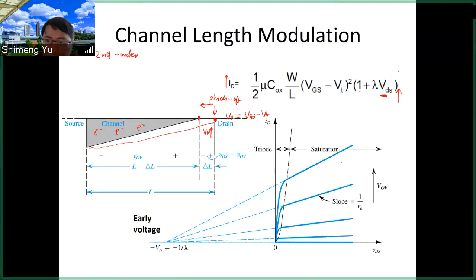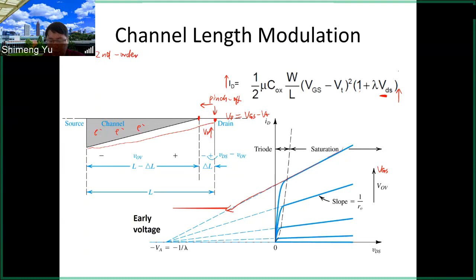Here we have multiple curves because we have different VGS. If we increase the gate voltage, then we have larger current. So we have different curves according to different gate voltages. But what you can do here is trace back the straight lines towards the negative side.